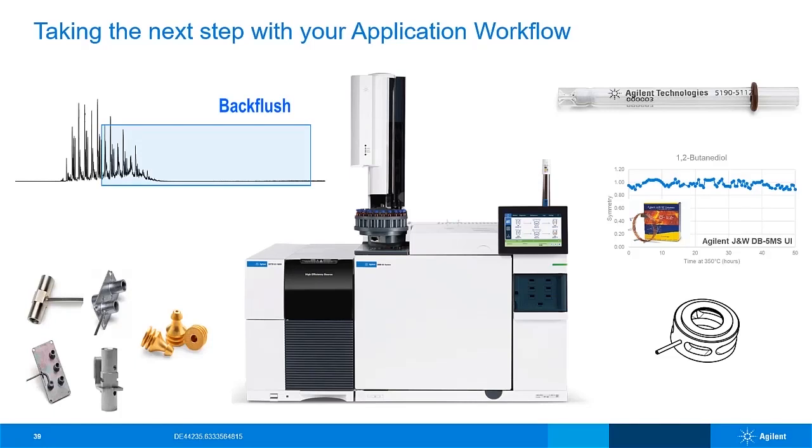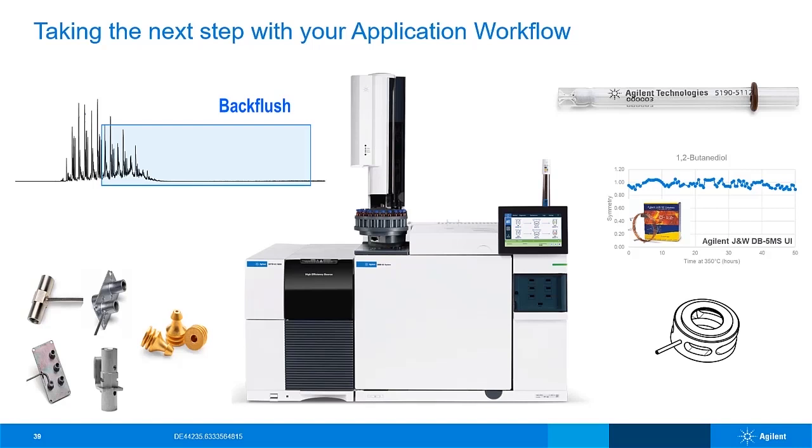Connecting further into the improved performance, Capillary Flow Technology can help take the analysis and productivity to the next level with backflush, splitting, or heart cutting, and the connections are easy to make that are leak-free with gold ferrules. Longer column lifetime from using ultra inert supplies and columns can be further enhanced with backflush to remove matrix from the column after every run.